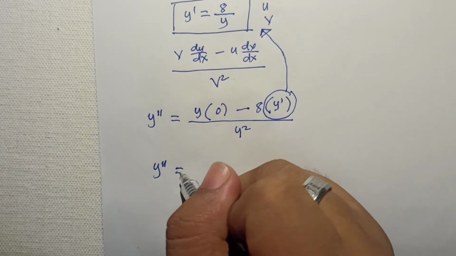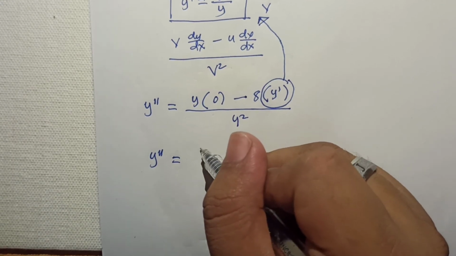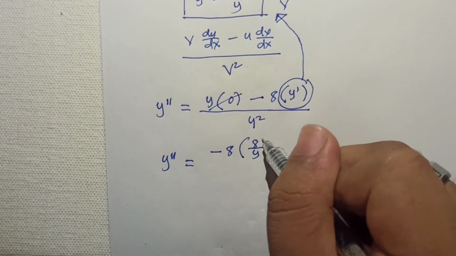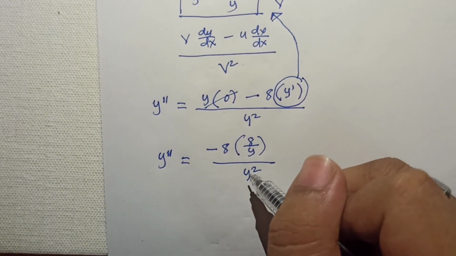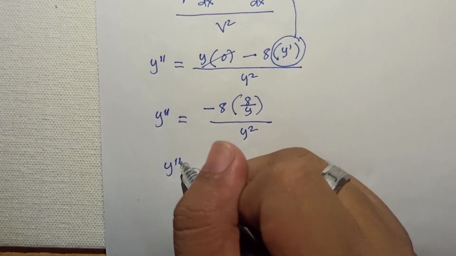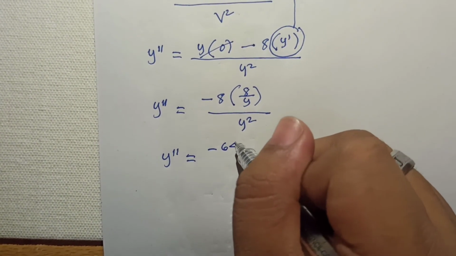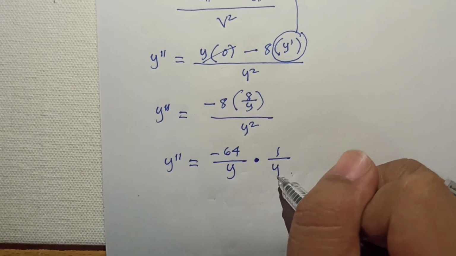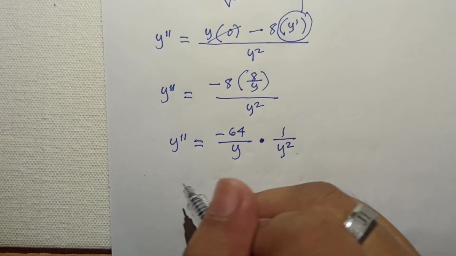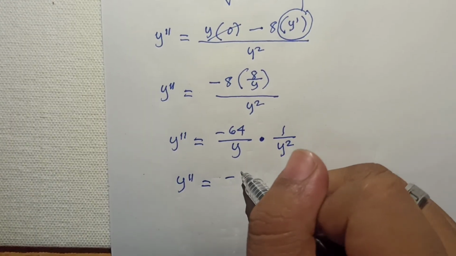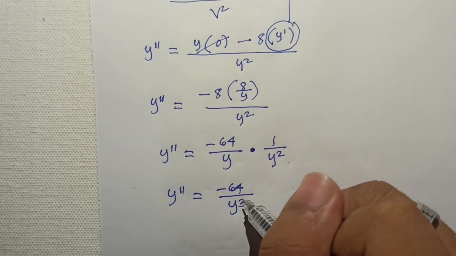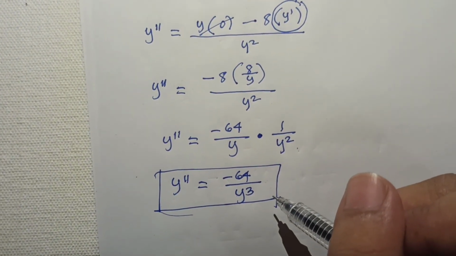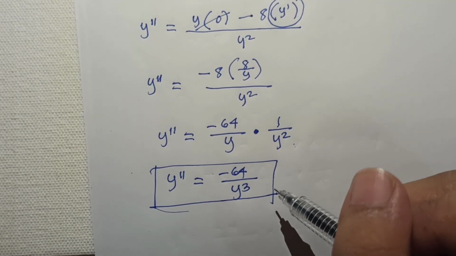So the second derivative is equal to negative 8, this is 0, times 8 over y, over y squared. So y double prime is equal to negative 64 over y, times the reciprocal, 1 over y squared. So y double prime is equal to negative 64 over y cubed.